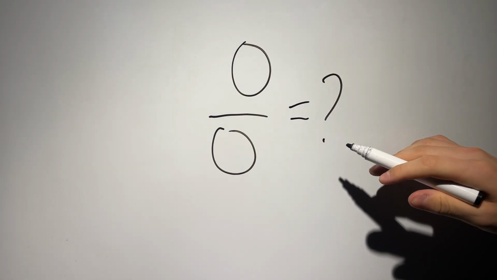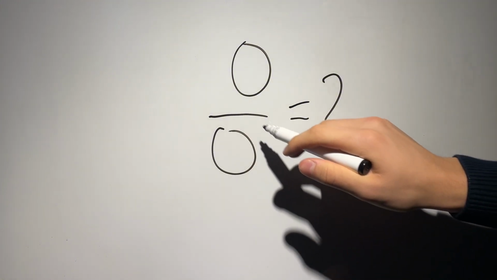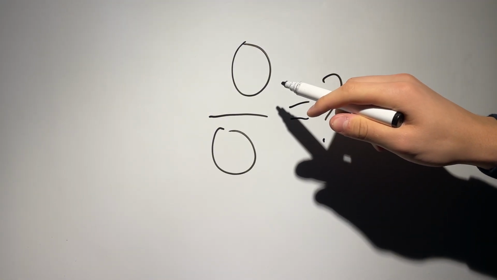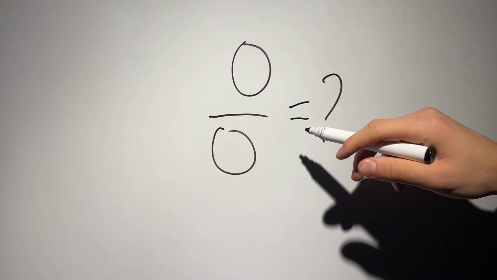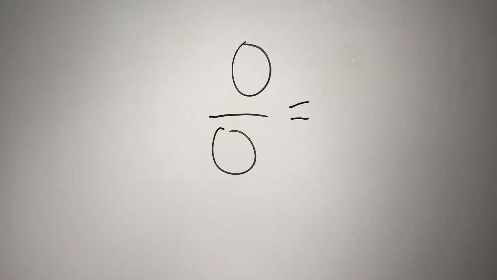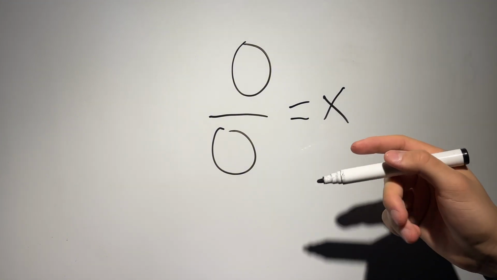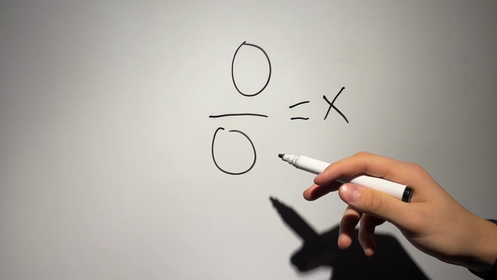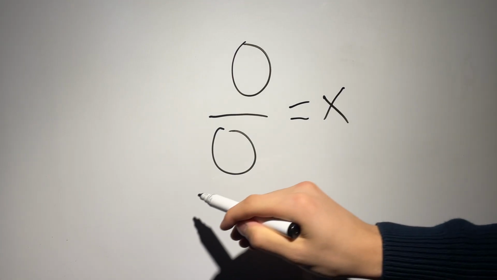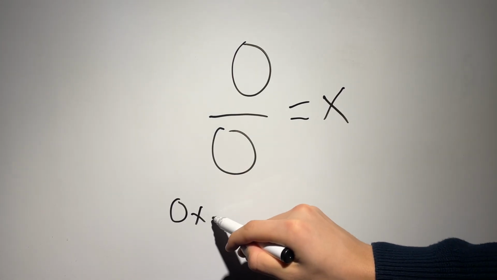Because according to our rules, how many times can 0 fit into 0? Well, what is it? Because if it's x, well, any number times 0 is 0, right? So 0x equals 0.